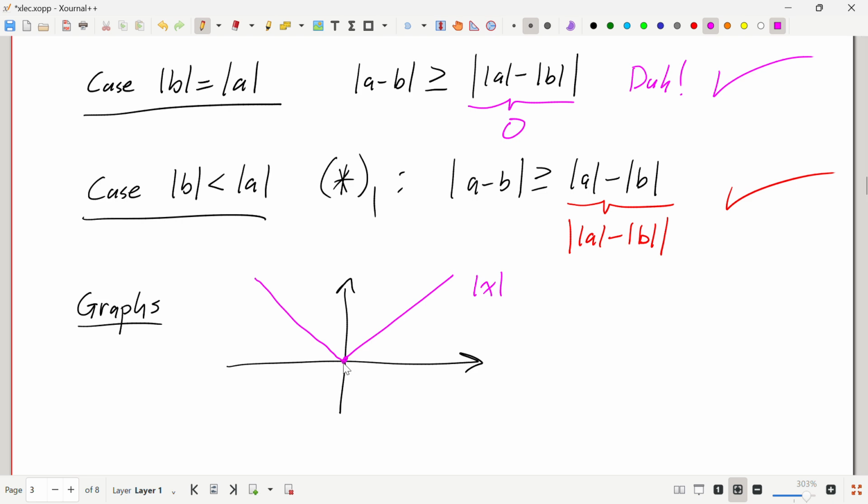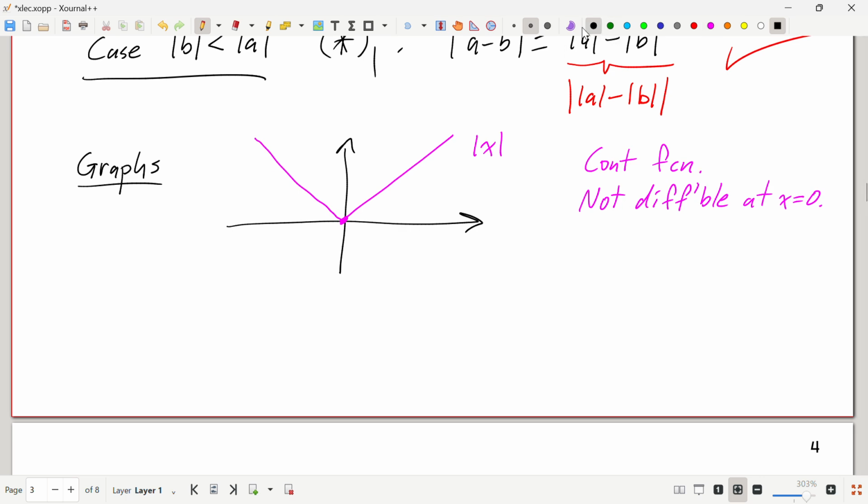And of course, it's 0 at 0. So it's a classic example of a continuous function, and it's not differentiable at the corner. It's got a kink there. The slope is plus 1 to the right and minus 1 to the left, and of course there's no slope at the kink.